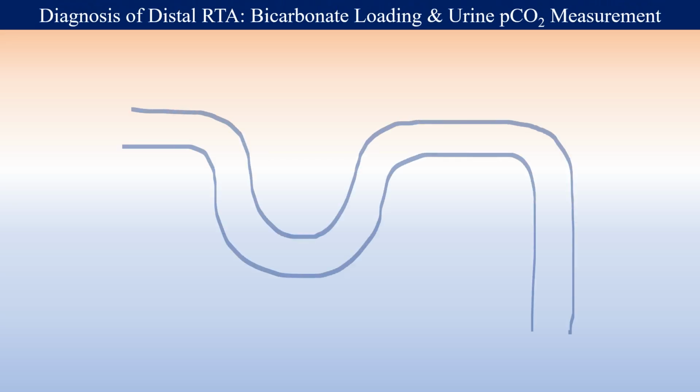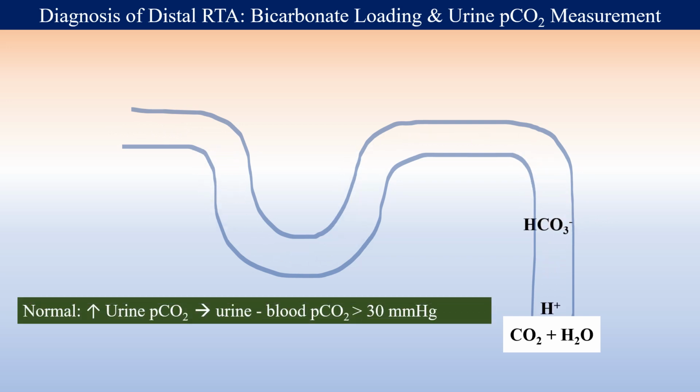If 24-hour urine ammonium measurement is not available, a clever test may be performed to diagnose distal RTA. In this test, a patient is given a bicarbonate load. In normal patients, as the bicarbonate is delivered to the collecting duct, it combines with the secreted hydrogen to form CO2 and water.